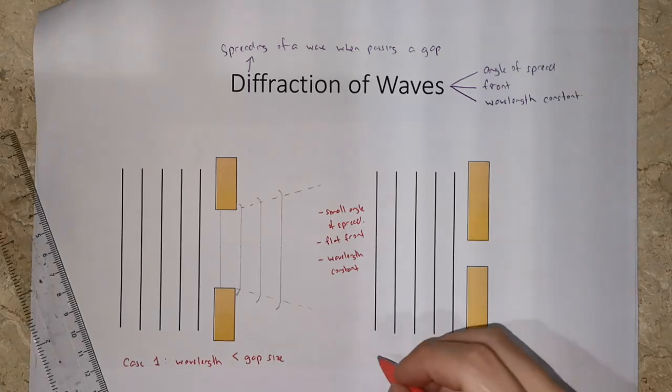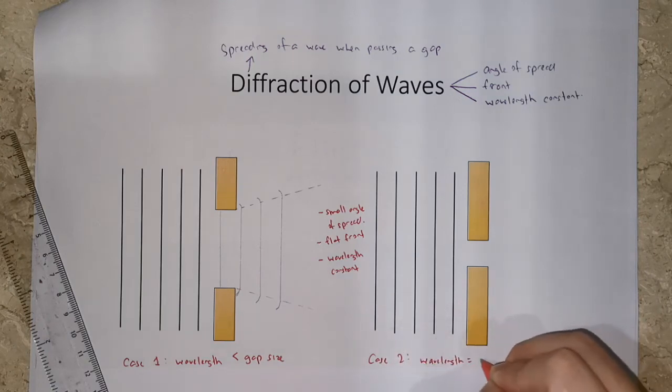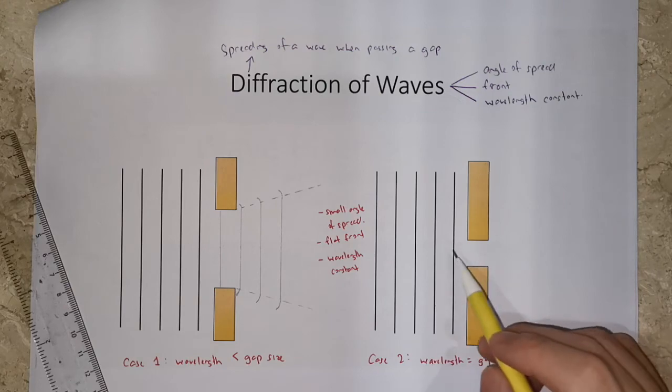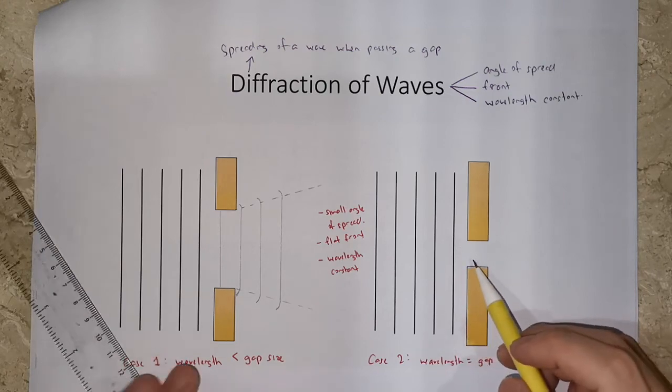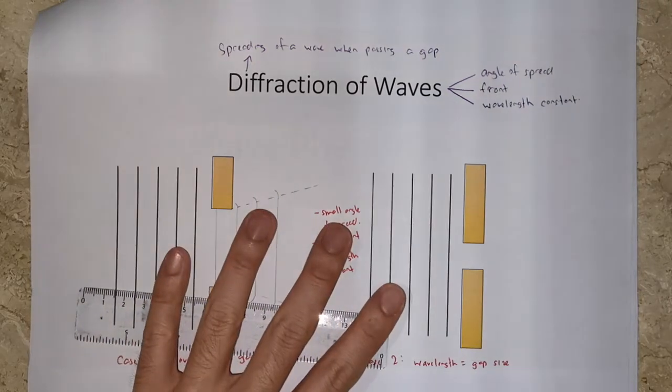Now moving on to the next case, case number 2, where wavelength is equal to gap size. If you look at this, they're very close together. They're comparable. So we're going to draw the wavefronts as well.